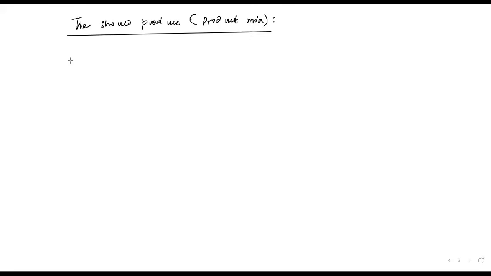We first produce the 5,000 units of product X.